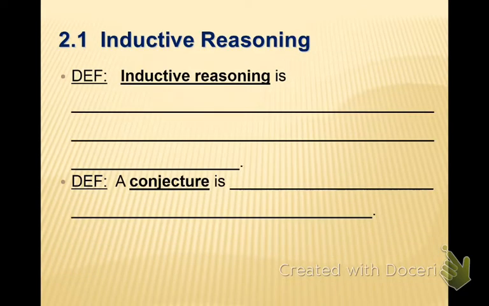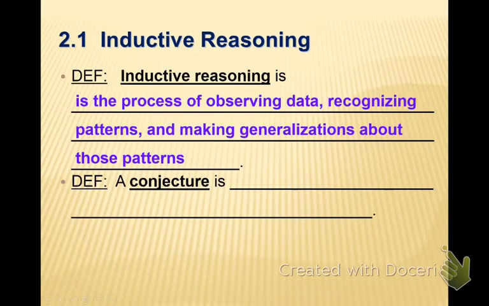Inductive reasoning. Inductive reasoning is the process of observing data, recognizing patterns, and making generalizations about those patterns. If I asked you to define inductive reasoning on a test or quiz, I would look for 3 points: data, patterns, generalizations.